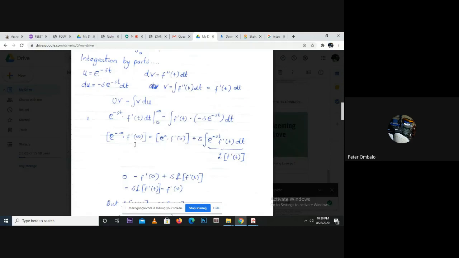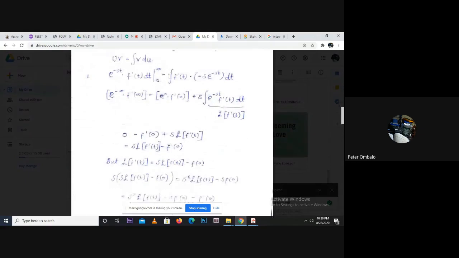So this first part boils down to 0 because of this denominator that is really huge. This second part, we have a 1 because of the e to the 0. Any number to the 0 is a 1 multiplied by this. So we have a 0 minus f prime of 0, and then s times the Laplace transform of the first derivative of t.